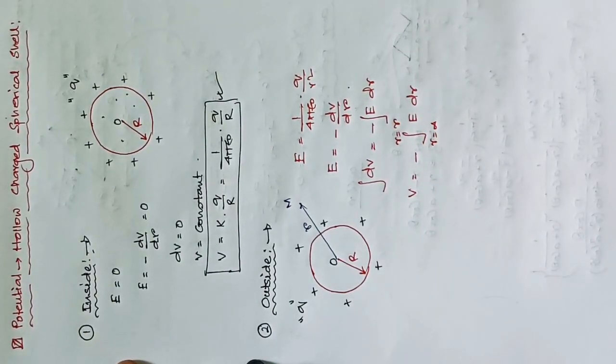As you know, the definition of the electric potential is the work done to bring a unit isolated free positive test charge from infinity up to that point within the electric field.